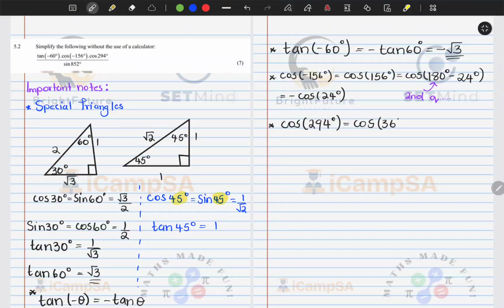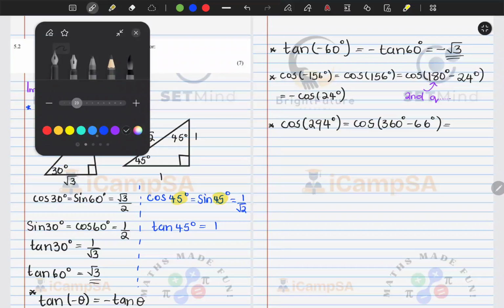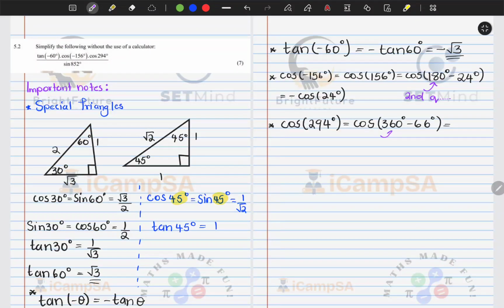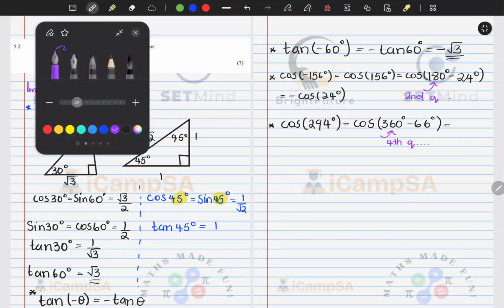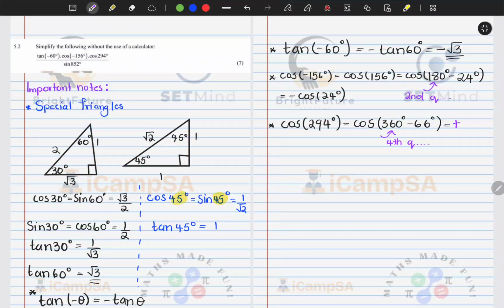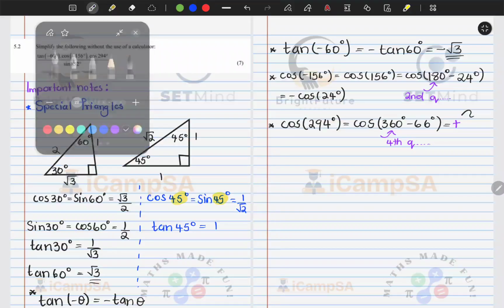So if you say 360 minus, you would need to minus 66 in order for you to get to that, okay? And this here, you guys are very smart. You should be able to see it is in the fourth quadrant. So in the fourth quadrant, we know cos is positive. So we'll put in positive cos of 66.